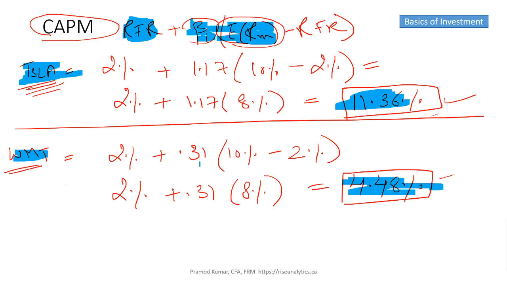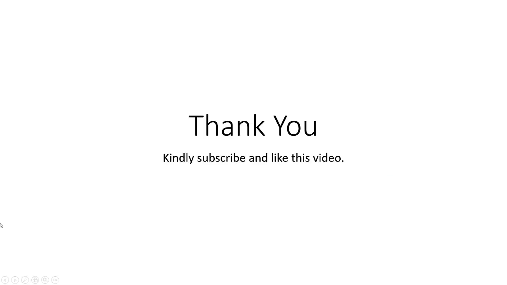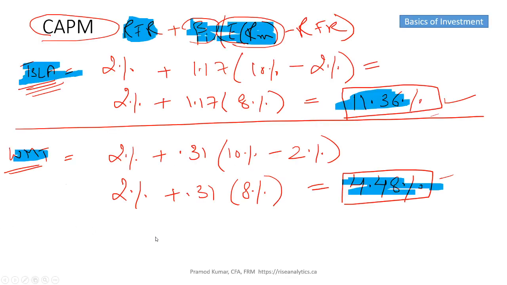So this formula goes into the WACC, right? Sorry, I have to switch to the pen again. Just a minute. I'm almost done with this video. So this formula is basically used in the WACC, which is the weighted average cost of capital, right?